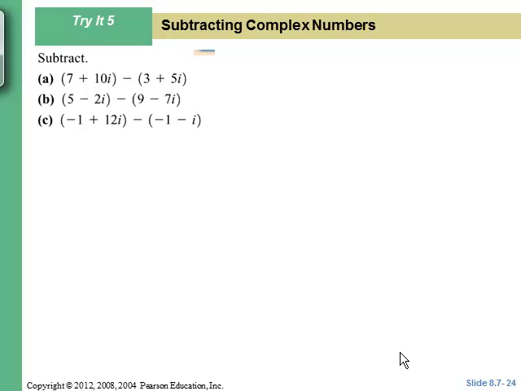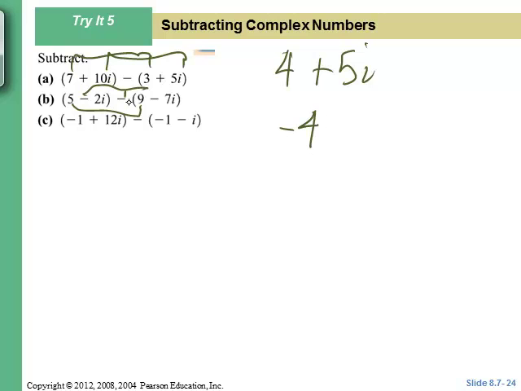You do these three. 7 minus 3 is 4. 10 minus 5 is 5i. 5 minus 9 is negative 4. Negative 2 minus negative 7, which is the same as plus 7, is positive 5i.